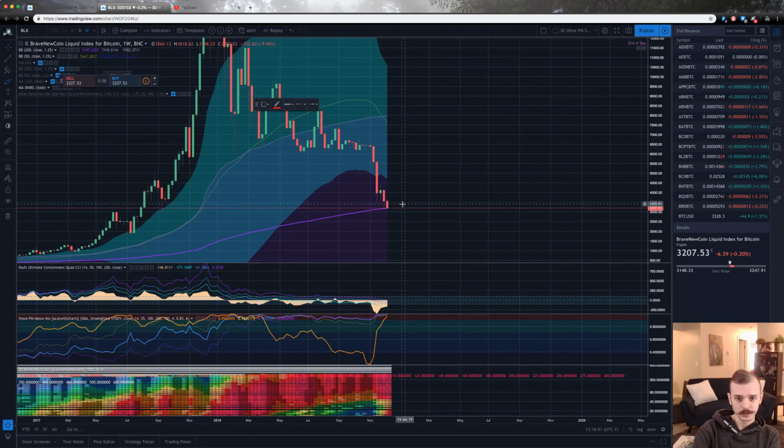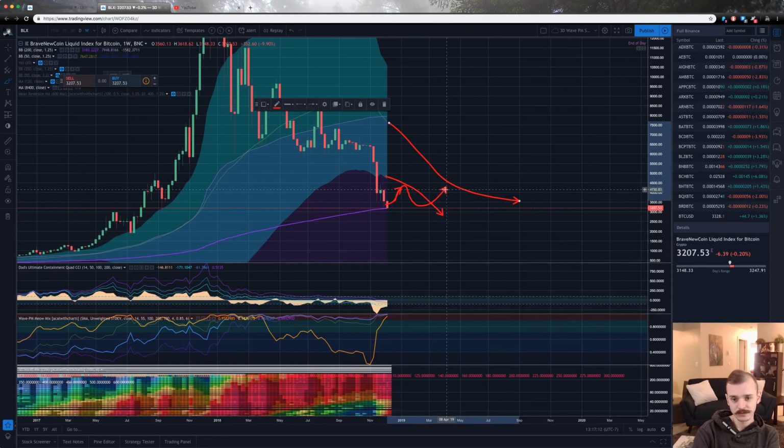Here's the prediction, folks. We're going to snap back up and retest the downward expanding 50 band. When we retest it, we will be rejected, settle directly on top of the weekly 200. When we actually re-enter the band, we will revert to the 50 mean, which will come down and meet price action.